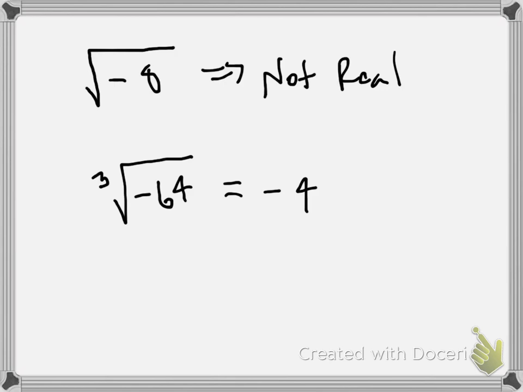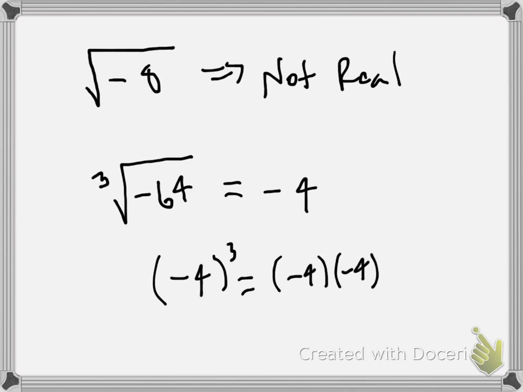The reason for that is if you take -4 to the third power, you get -4 times -4 times -4, which is +16 times -4, which is -64. So it works out just fine, right? So we can have negatives inside of our cube root.